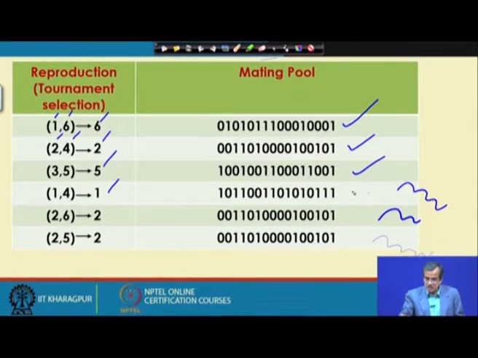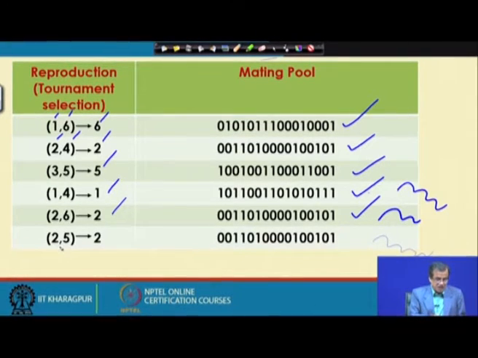So, I directly copy it here. Next is the fifth tournament. We select second and sixth at random, and I select the second because its modified fitness value is less compared to that of the sixth. So, I copy here the second GA string in the mating pool.